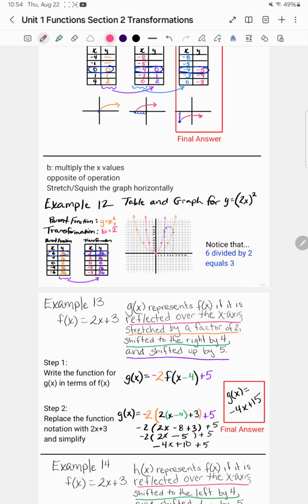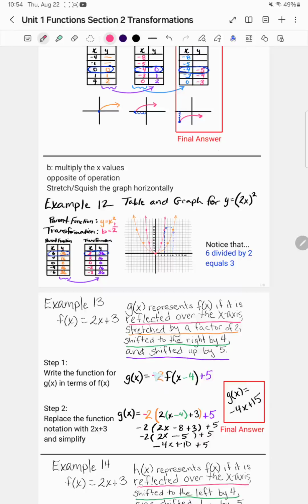Right goes in the positive direction, but actually we want it to say minus. Okay, the next one we see is shifted up by 5. That's k. k is up and down, so we add 5.